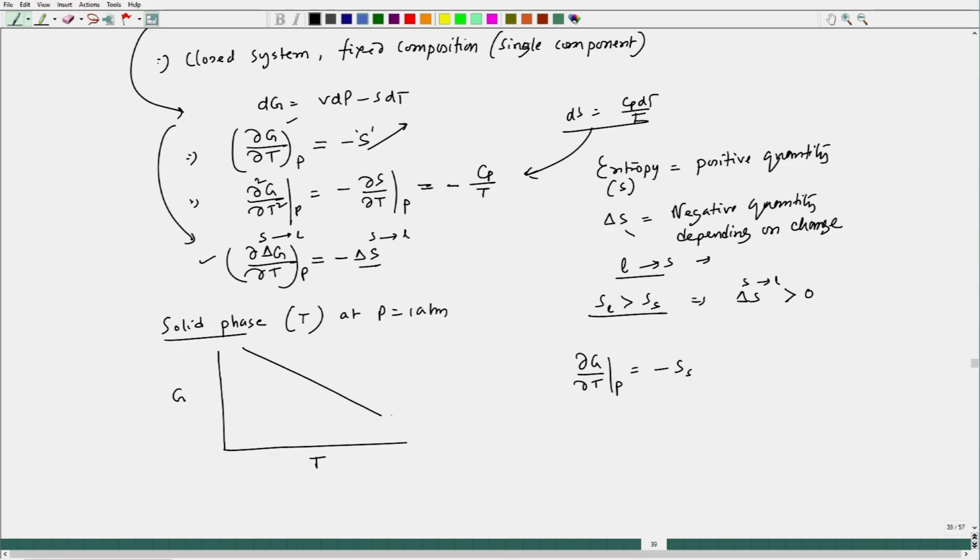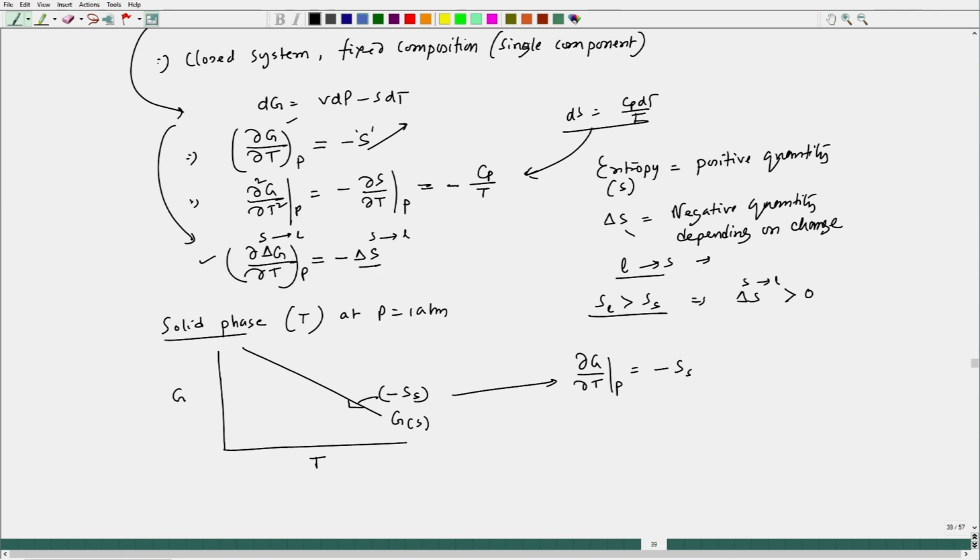So, it will have a slope like this. This is G of solid, and the slope is minus SS.